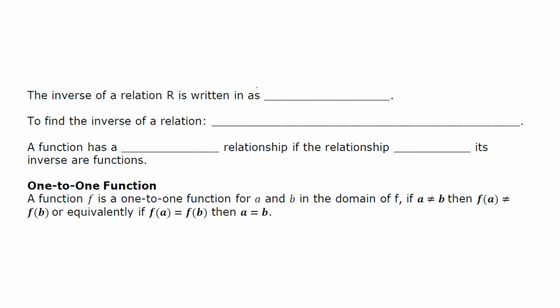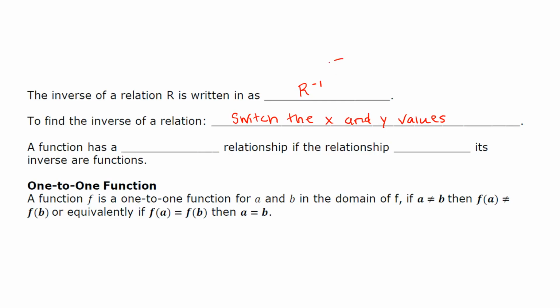All right, so the inverse of a relation R is written as R inverse. To find the inverse of a relation, we are going to switch the x and y values.